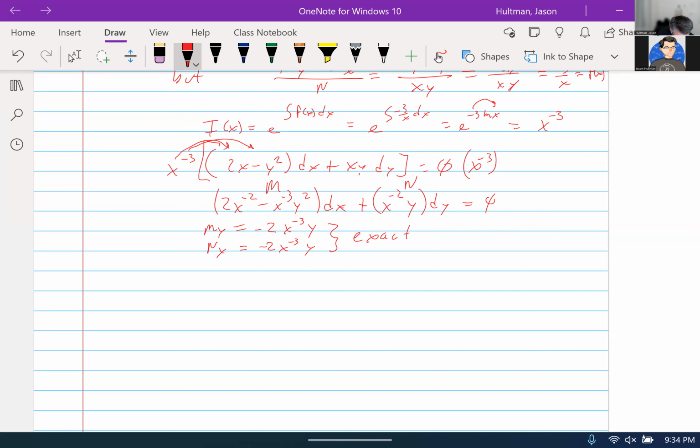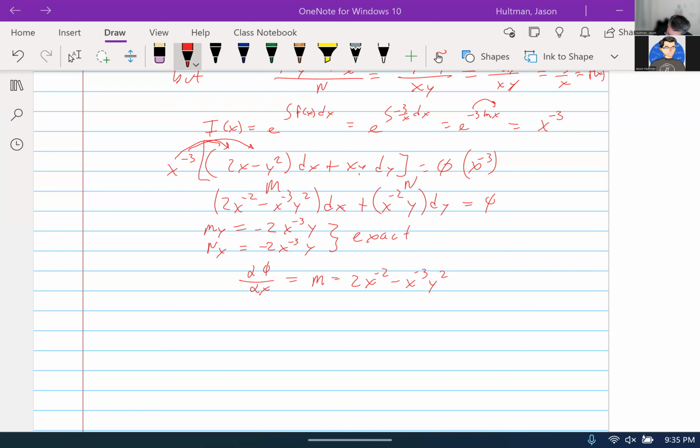We know that the partial of phi with respect to x is equal to M, which is equal to 2x to the negative 2 minus x to the negative third y squared.